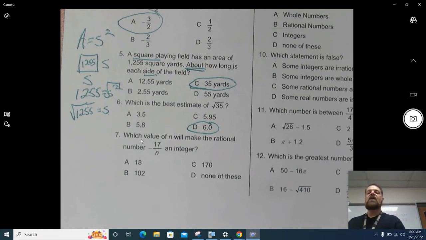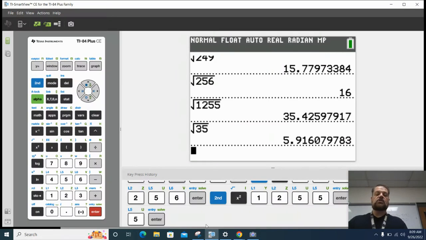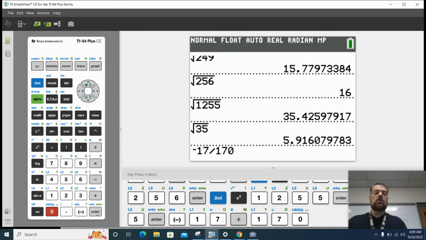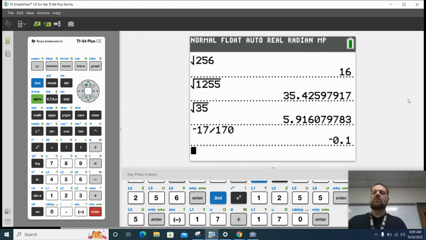Which value of n will make the rational number negative 17 over n an integer? Now that means when we do the math, I think it's C. So when we do the math, it's got to be an integer. So if I say negative 17 divided by 170, what does that reduce down to? Oh, no, wait, that's backwards. No, it's not that.